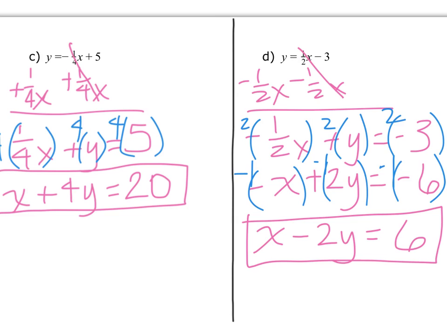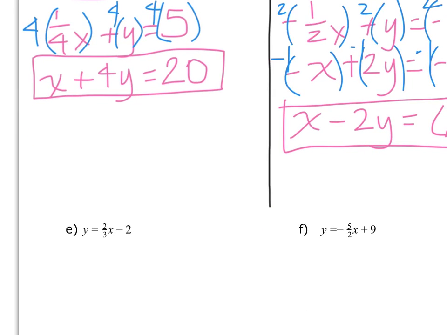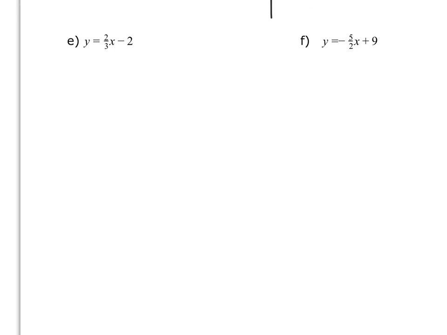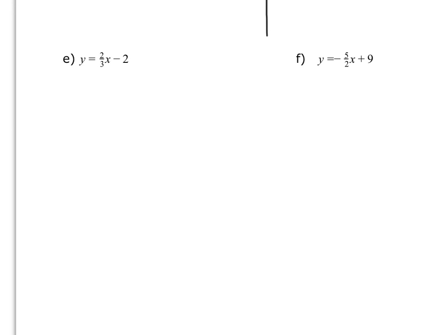All right, so let's take a look at problem E. So I have y equals 2/3 x minus 2. That's like what you were asking about, Miss Amy. What if my fraction has a numerator also? I'm going to answer that question with this problem.